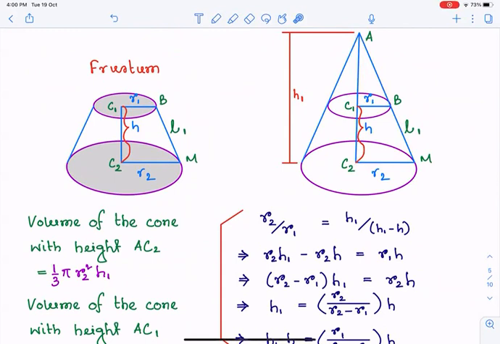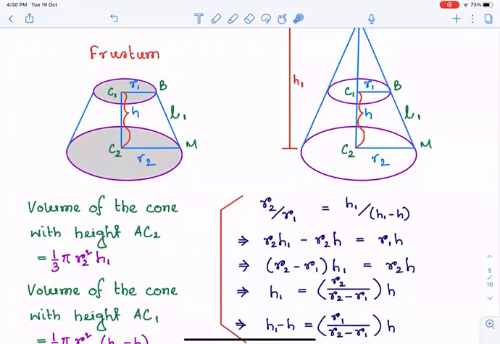So from these two similar right triangles, we can have MC2 by BC1 is the same as the total height, that is AC2 by AC1. Okay. So from that similarity, the ratio of corresponding sides gives us R2 by R1 is the same as h1 by h1 minus h.